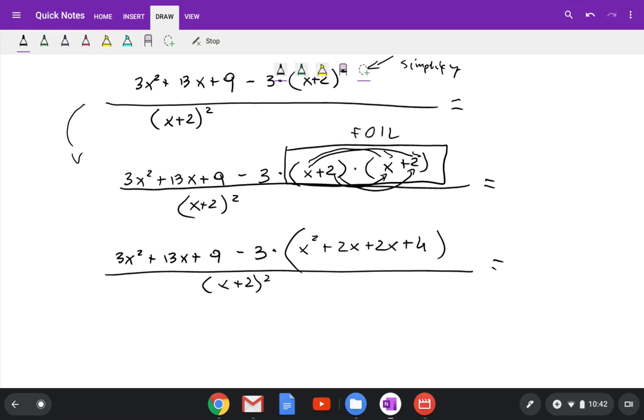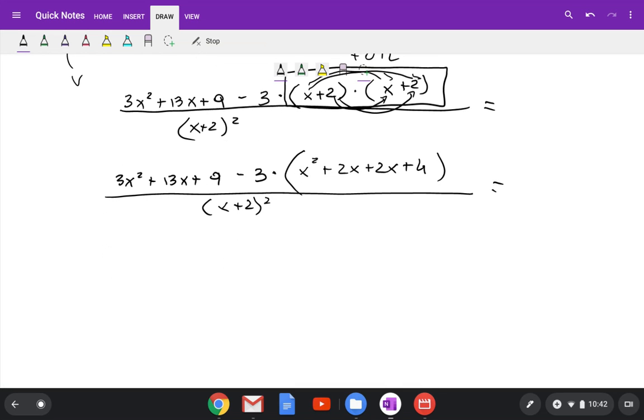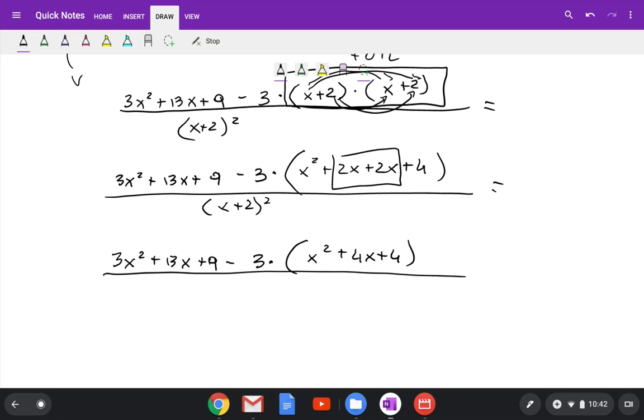Okay, let's simplify the parentheses. So you have 3x squared plus 13x plus 9 minus 3 times, when you combine like terms in the parentheses, x squared plus 4x plus 4, and everything over x plus 2 to a second power. Still need to simplify.